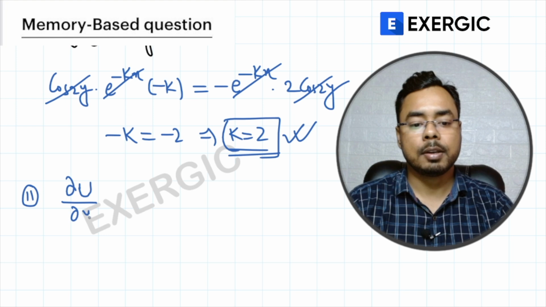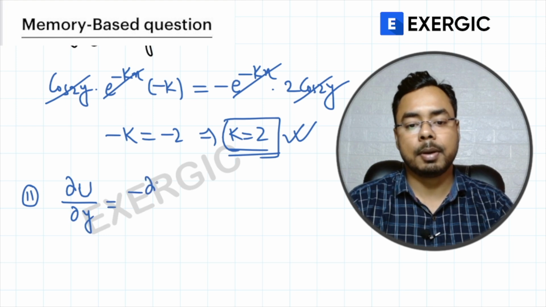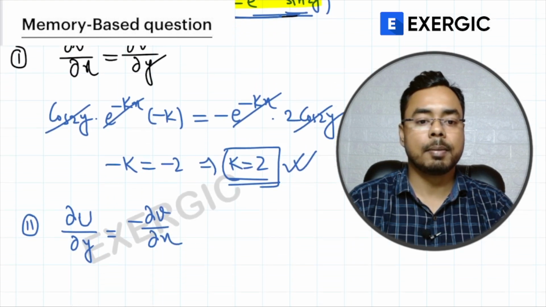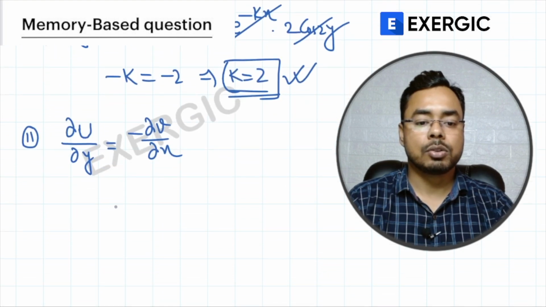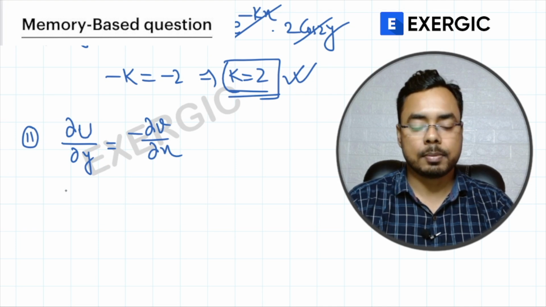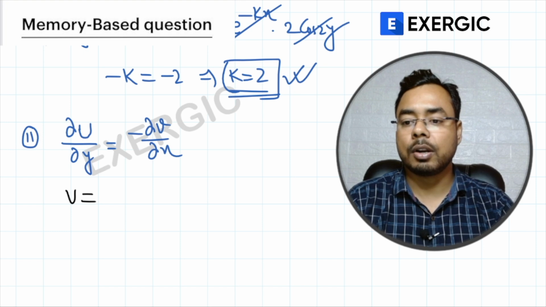Del u by del y is minus del v by del x, right? So now if I calculate del u by del y, let me write u and v again. Now that k is known to us, we can write u and v in terms of the constant and not k. K is equal to 2.